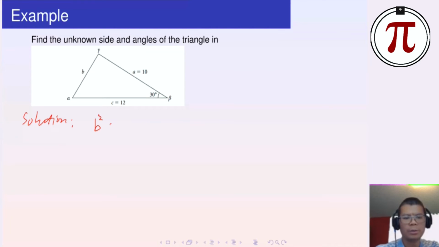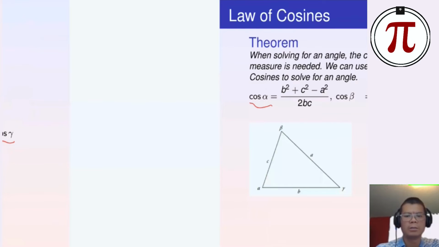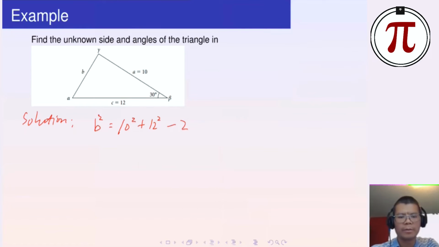So b squared equals a squared, 10 squared, plus c squared, 12 squared, the sum of the squares of the two adjacent sides, minus 2 times a times c, 2 times 10 times 12 times cosine 30 degrees.